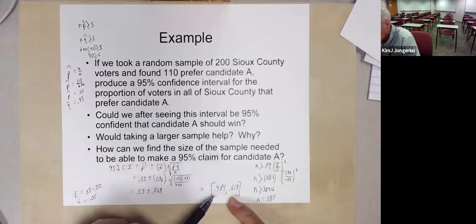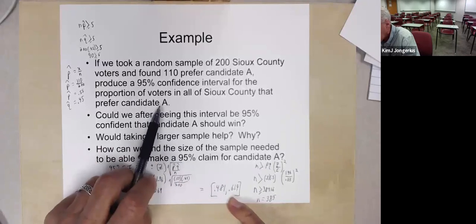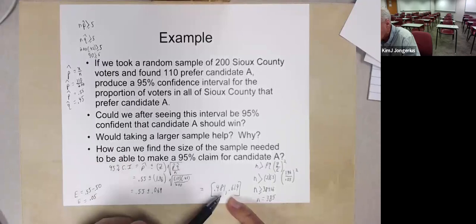If the interval went below 50%, we would call that a bubble state. That would mean candidate A would campaign aggressively there to try and raise that proportion entirely above 50%. Those would be referred to as bubble states.